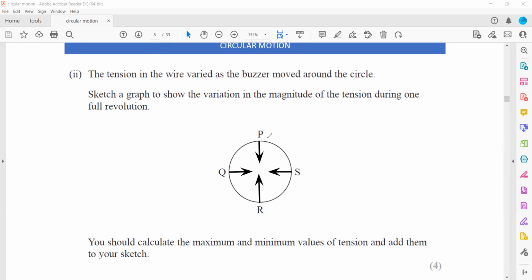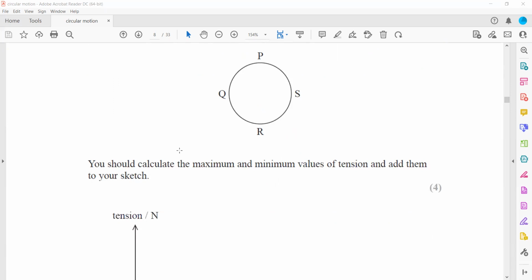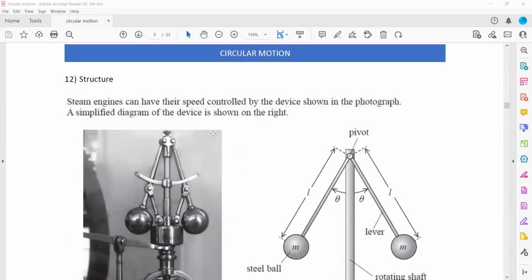At point P, because the weight contributes to the centripetal force, the tension is 14.8. At this point, the weight is not affecting the centripetal force, so it is 16.3. But at point R, the weight is opposite to the tension, so the tension should be higher, about 17.7. So this is how the tension varies along the circular path.